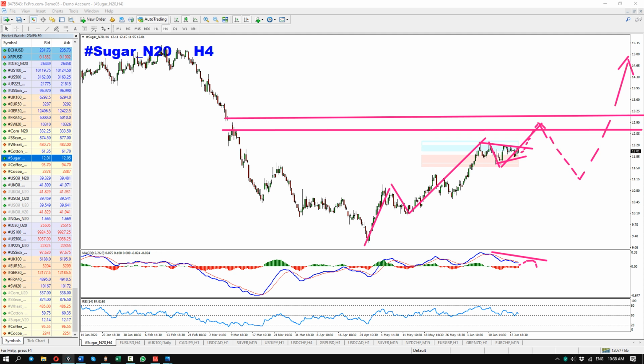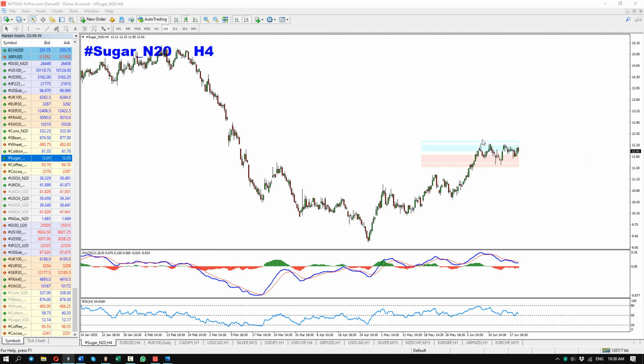Sugar starts to be very interesting. The other scenario here is that we become here as ABCD and then form the continuation until the divergence completes and the buys complete. So that's a very interesting scenario that I see.